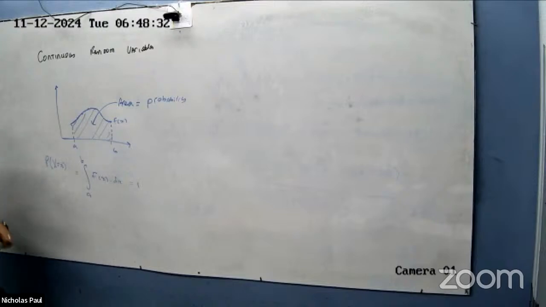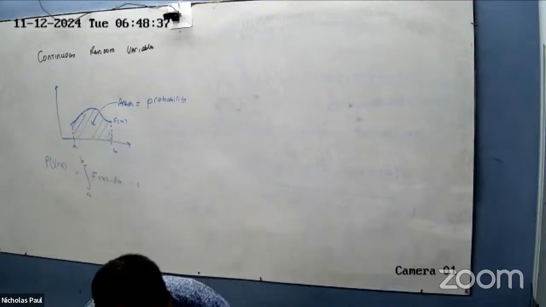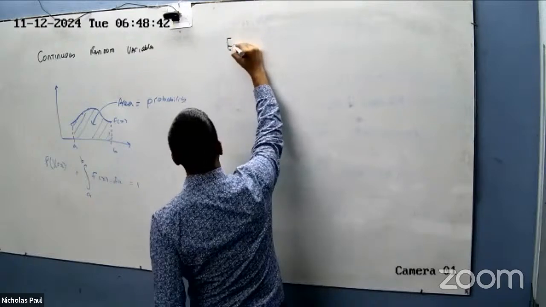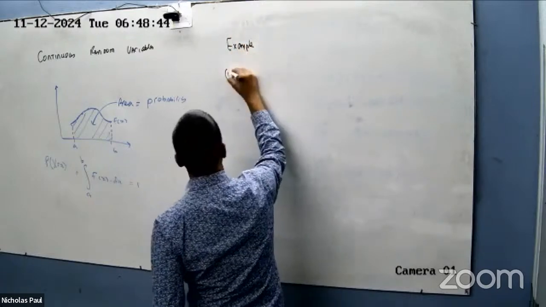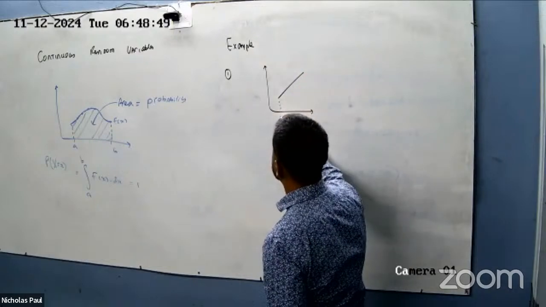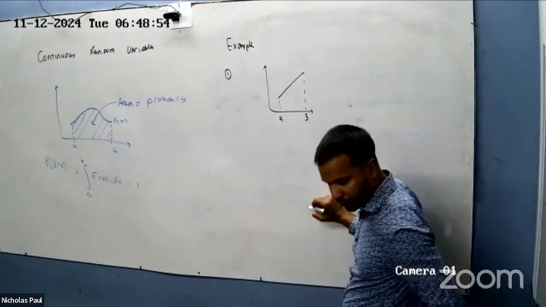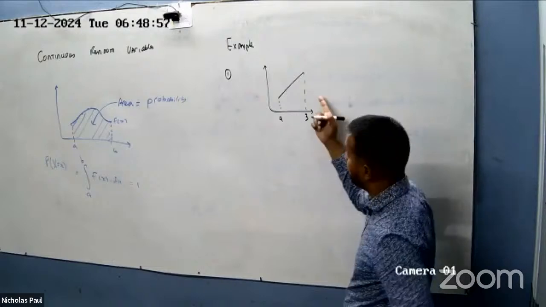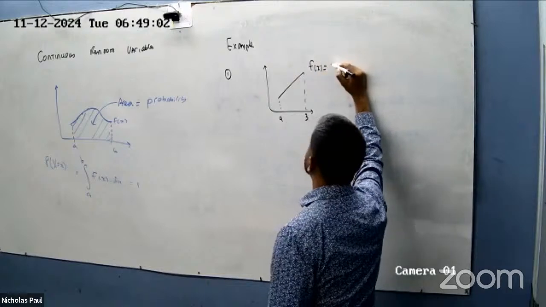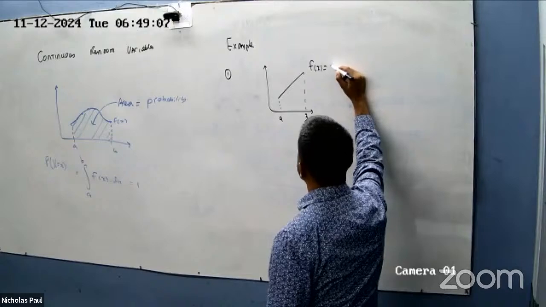But the good thing in unit 1 is that I don't have to integrate. Instead of integrating, they'll give you a straight line. Let's say here, f of x is equal to 2x.